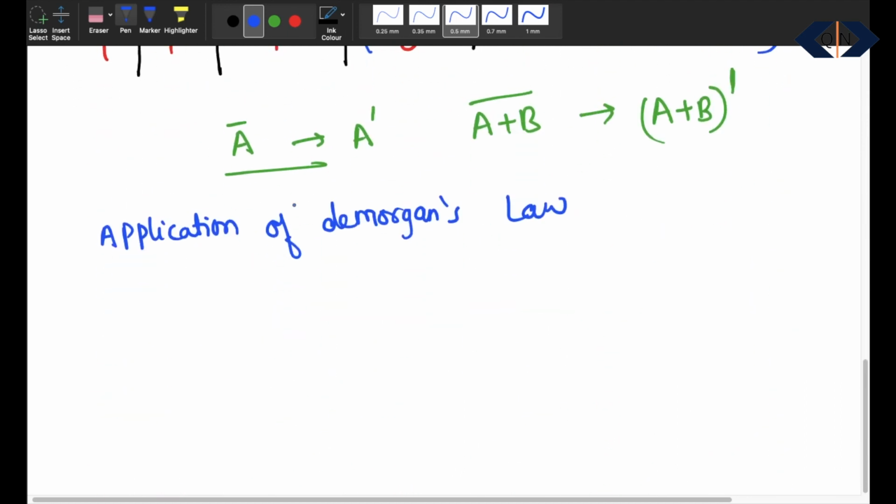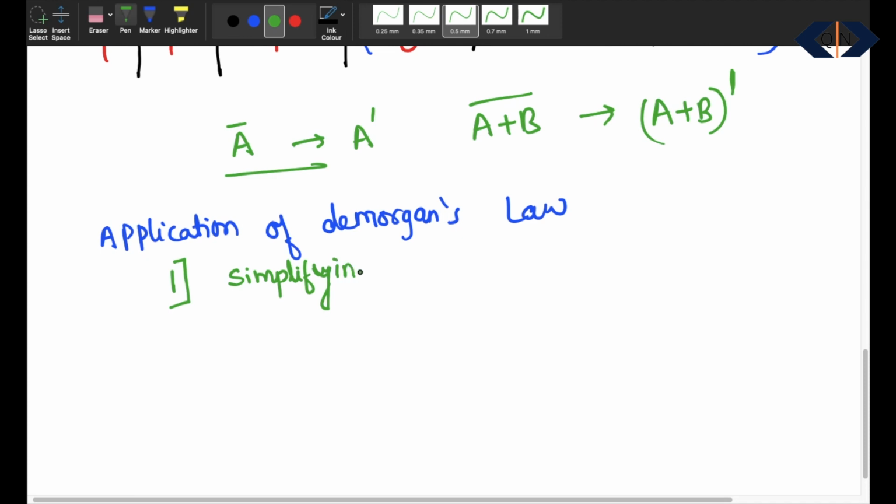Now let's move further and discuss the application of De Morgan's law. The first most application which we often use is simplifying Boolean expressions.